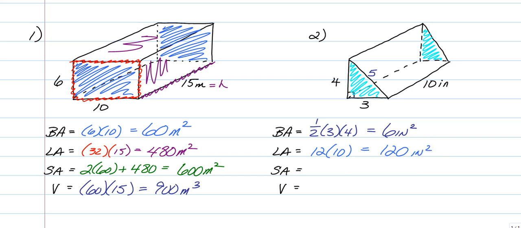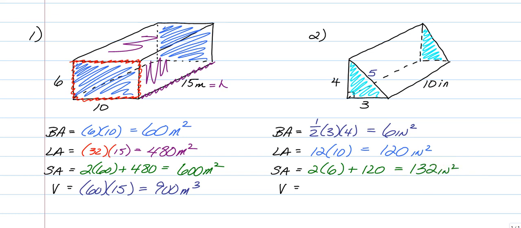The surface area is the lateral area plus 2 bases. So we have 2 times 6 for our bases plus 120. That's going to give us a total surface area of 132 inches squared.